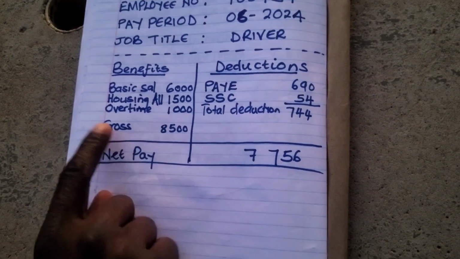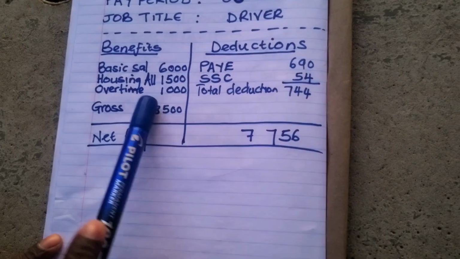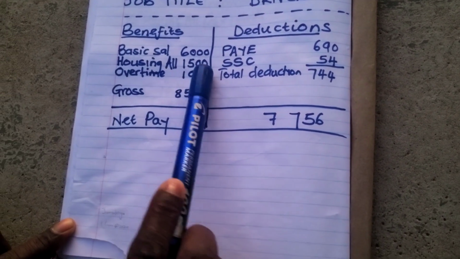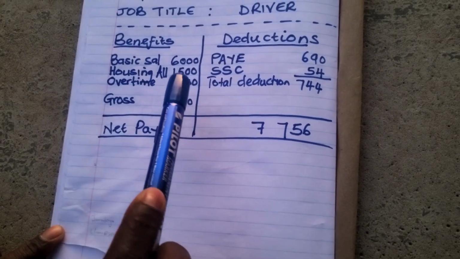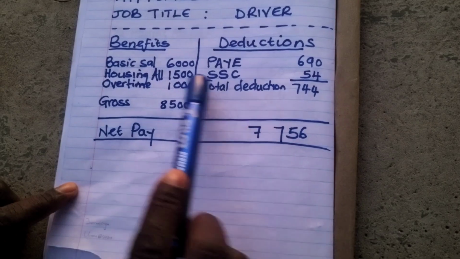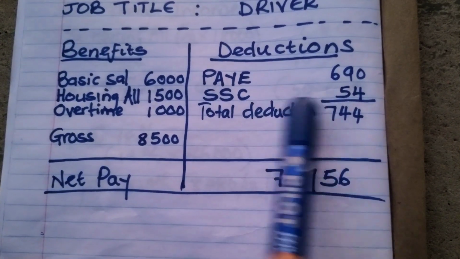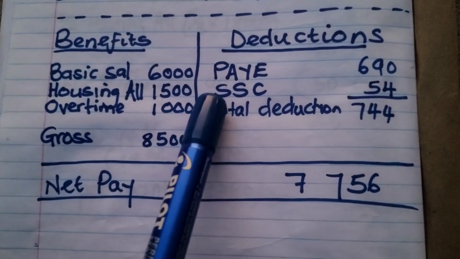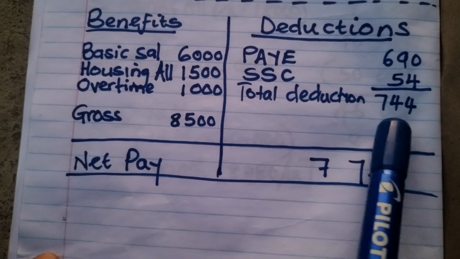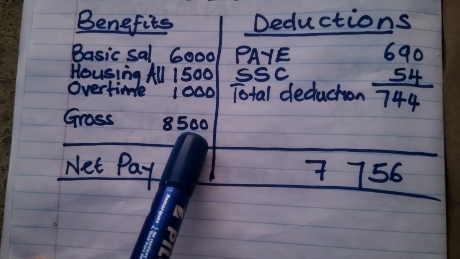You can see that Comrade Petrus Lucas is paid a basic salary of 6,000, housing allowance of 1,500, overtime of $1,000 for that month. Then on my right, he was deducted pay as you earn, which is an income tax of $690, social security of $54. His total deduction is $744, and his gross income is $8,500.